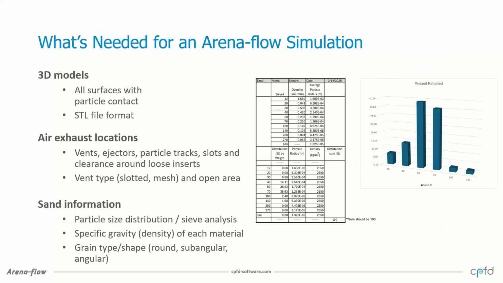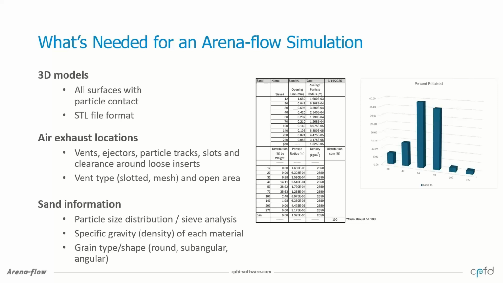As Peter mentioned, we need the sand data. So any sand analysis we need, as well as an understanding of the grain shape and binder content, as this will impact flowability.